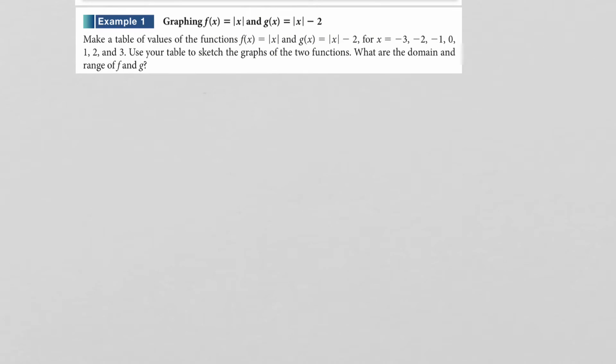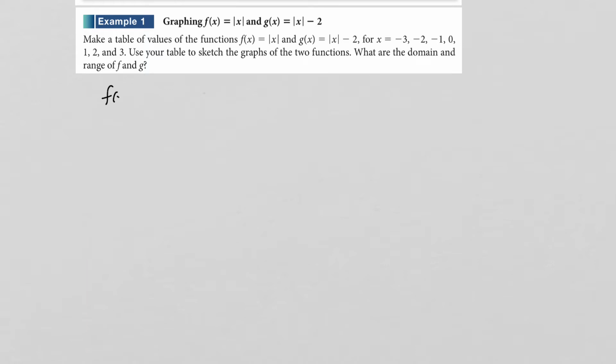In our first example, we're going to look at graphing f of x equals the absolute value of x, and g of x equals the absolute value of x minus 2. And they ask us to first do this by making a table of values for each function. So we'll go ahead and do that.